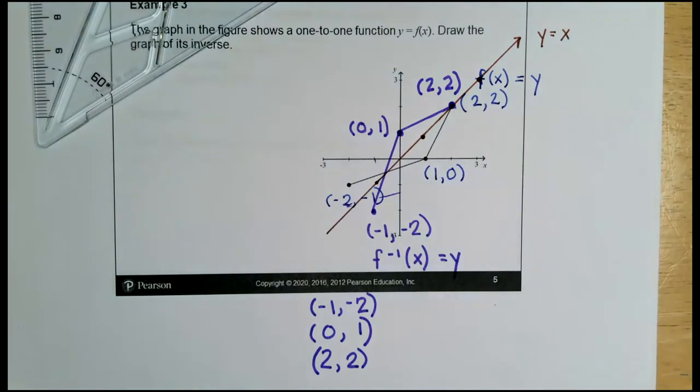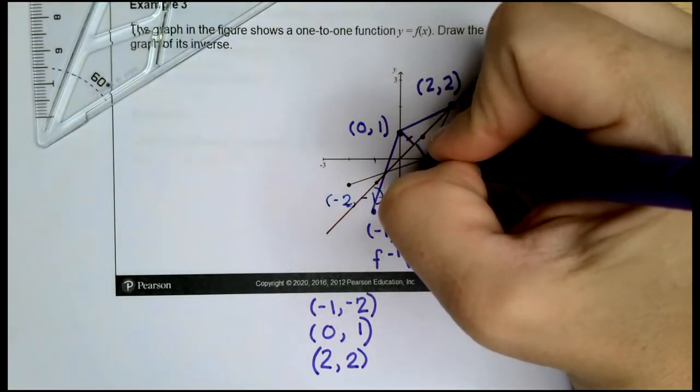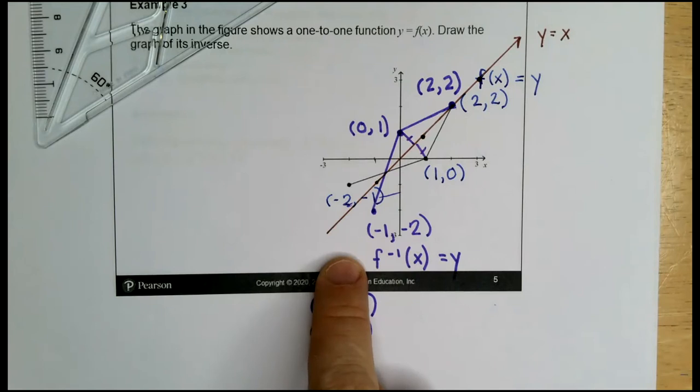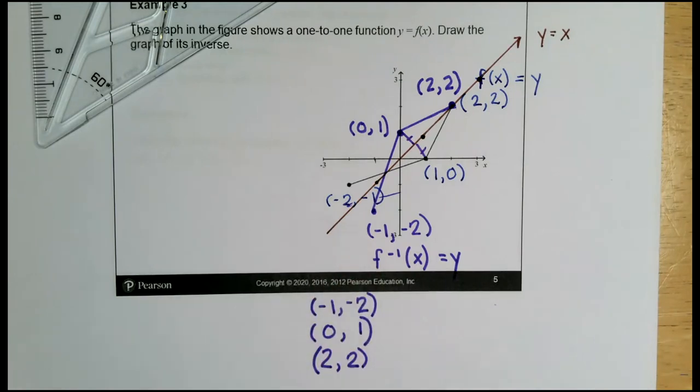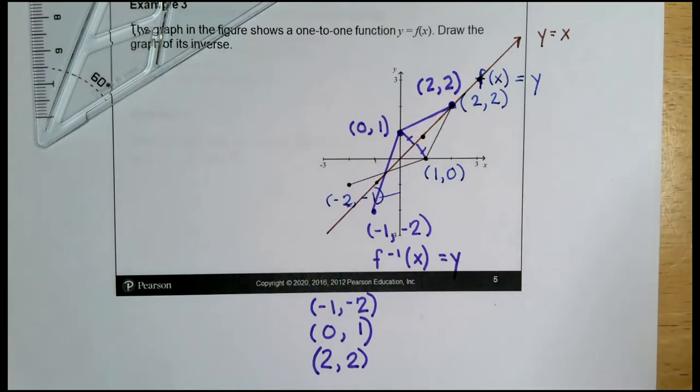Those are equal distances apart. Those are the same distance, okay? We switched the x and y coordinates and we found each point of f's inverse of x. It is symmetric with respect to the line y equals x.